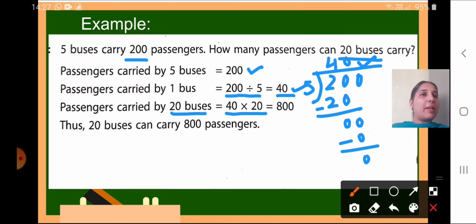So 40 multiplied by 20, what we will get? 800. Or you just multiply 4 by 2. 4 2s are 8, and then 2 zeros are there, so we will add them, and we will get 800 here. So now your final answer will be, thus 20 buses can carry 800 passengers.